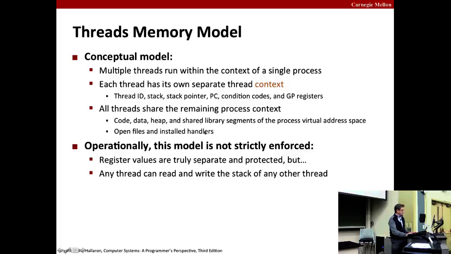And then they all share the remaining process context, which is data structures that the kernel maintains for the threads, the virtual data structures to support the virtual memory system, open files, installed signal handlers, and so forth. So that's the conceptual model, and if that were really enforced, it would be nice. It would make things simpler for us. But unfortunately, in real life, this model is not strictly enforced.